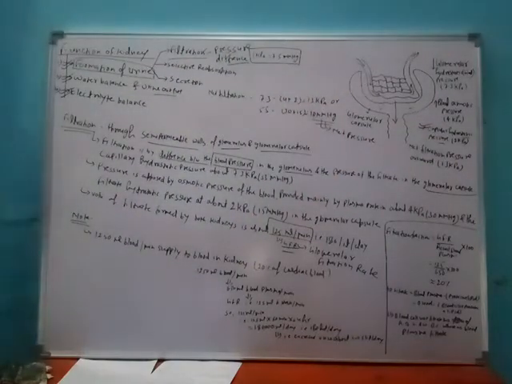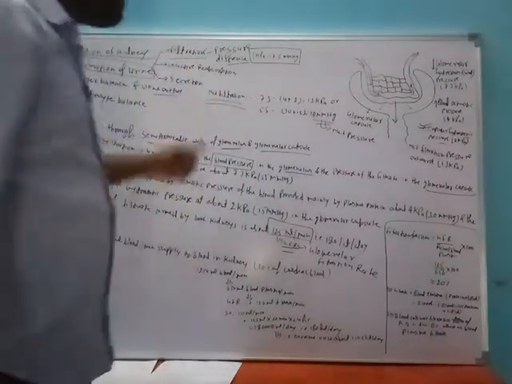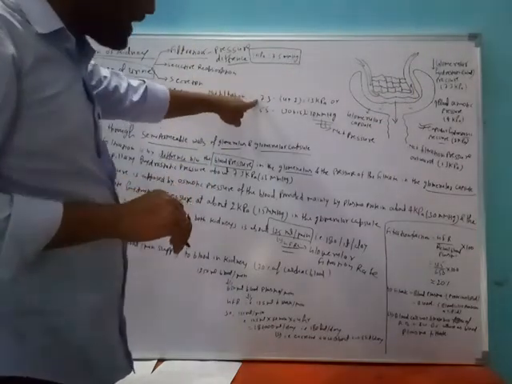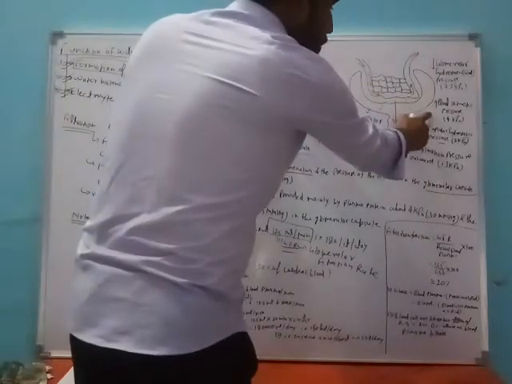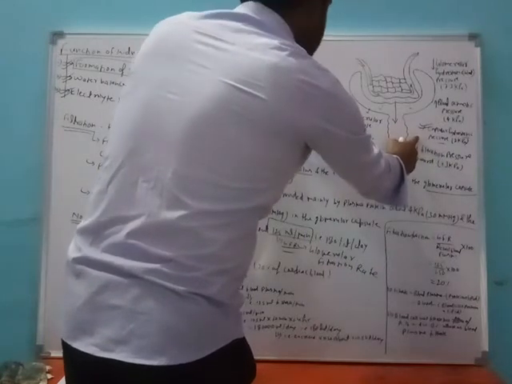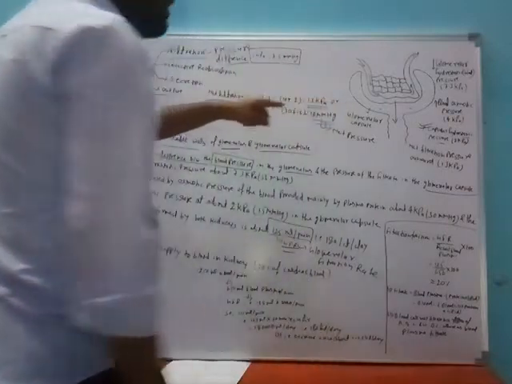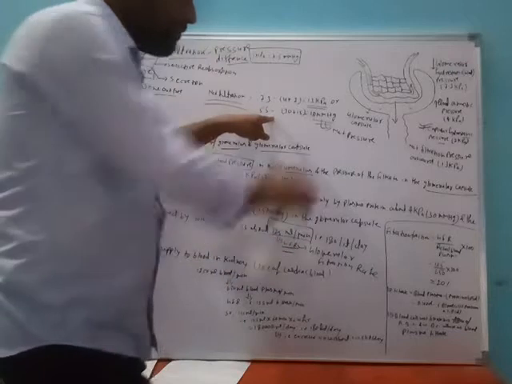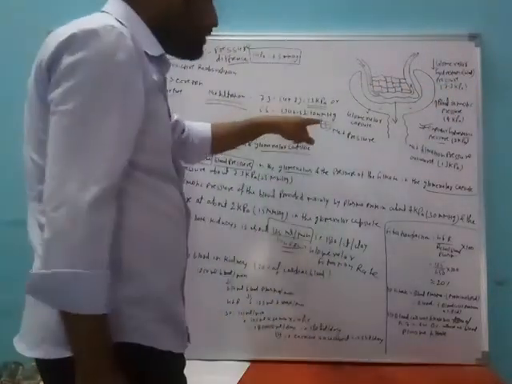What is the net filtration? Net filtration is about 7.3 kilopascal minus 4.2 kilopascal blood osmotic pressure minus 2 kilopascal capsular hydrostatic pressure. In terms of mmHg, it is 55 minus 30 minus 15, equal to 10 mmHg.